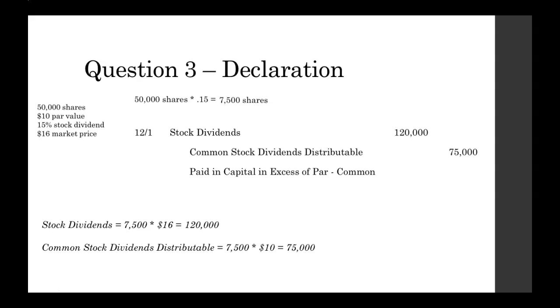But how do you truly find this number? By taking the number of shares in this dividend and multiplying it by the difference between the market price and the par value. So we take 7,500 times 16 minus 10. So when you take that 7,500 shares and multiply it by that $6 difference, you end up with 45,000. So we credit our paid in capital in excess of par for $45,000.